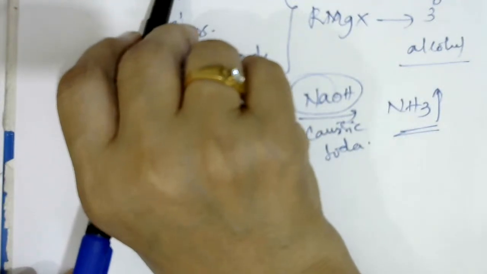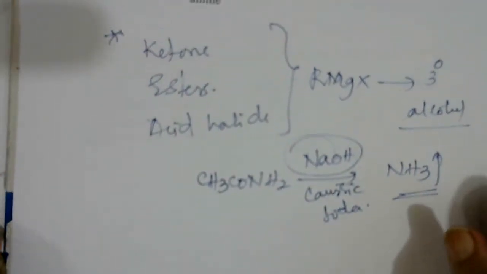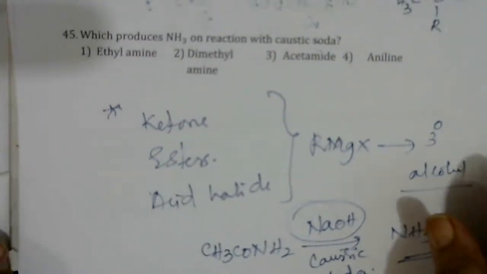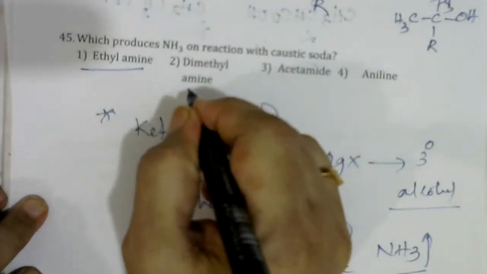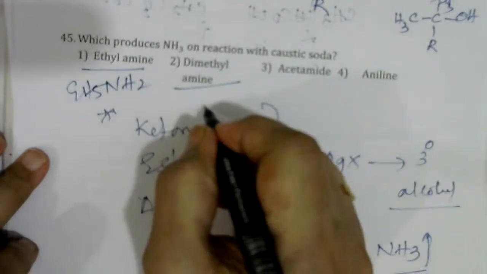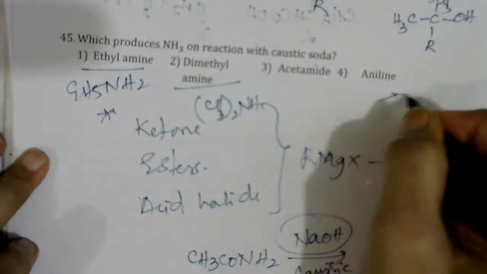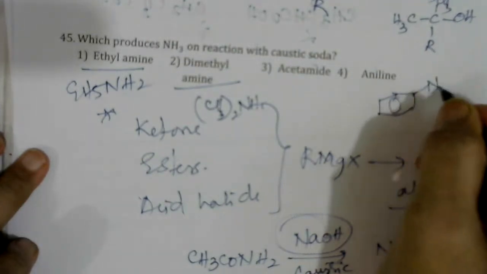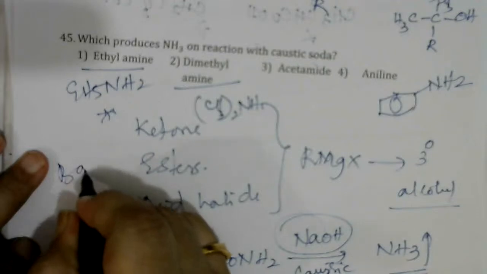Dimethylamine is also basic in nature. Aniline is also basic in nature. You are going to add caustic soda, which is also a base. That's why don't expect any product over here, because ethylamine, dimethylamine, and aniline, all these three are basic in nature.